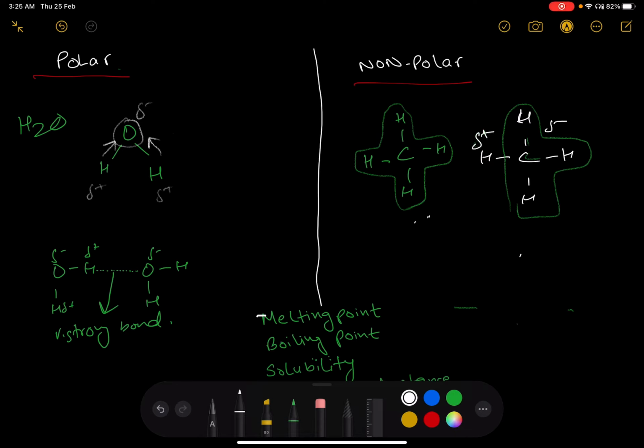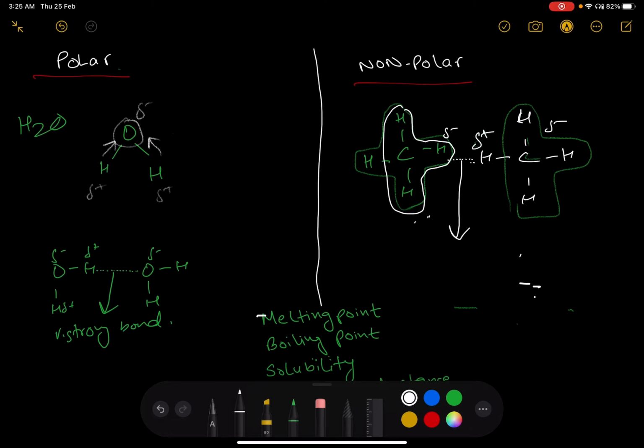So this hydrogen would get a slightly positive charge, whereas this whole other area would get a slightly negative charge. This slightly positive charge would then induce a slightly negative charge on this hydrogen, which in turn will change the electron density between this molecule, and these two molecules will interact.